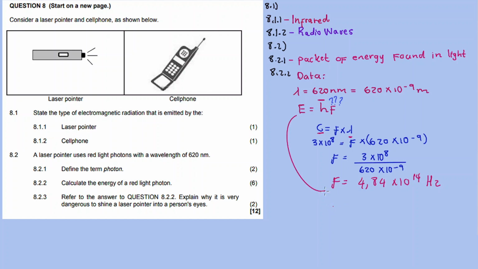Then we go ahead and calculate the energy. We substitute h. The h constant is a value I found on the formula sheet: 6.63 times 10 raised to exponent minus 34, times the frequency 4.84 times 10 to exponent 14.